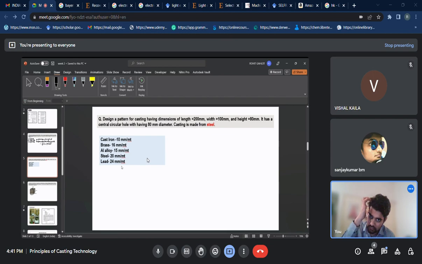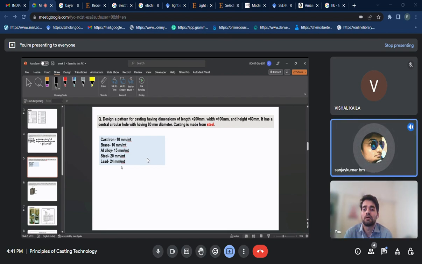Else you will have a lesser length, width, height and diameter in your casting, which you don't want, right? So that's why these are the standard ones.